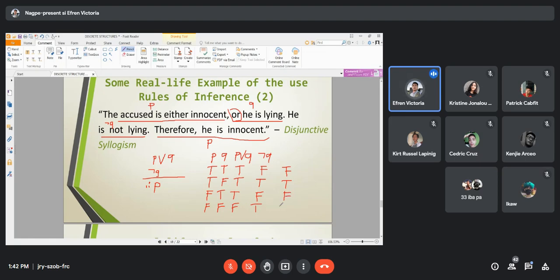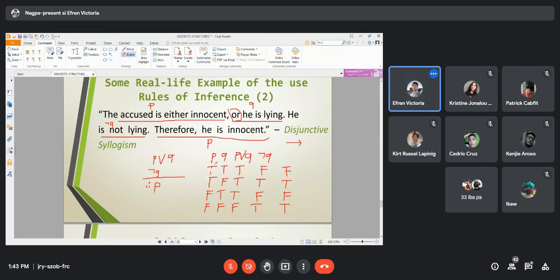Then, false, true, true. So, saan galing yan? Doon sa truth table ni if then. Magiging false lang siya kapag false yung hypothesis or yung conclusion natin. So, ito yun. So, false, false. Okay, so mapapansin nyo, hindi siya tautology. So meaning, hindi tama yung ginawa natin.